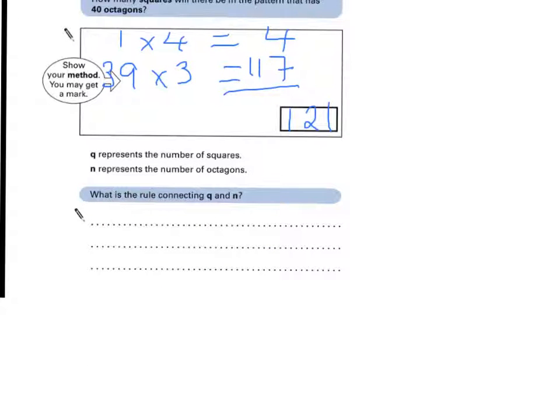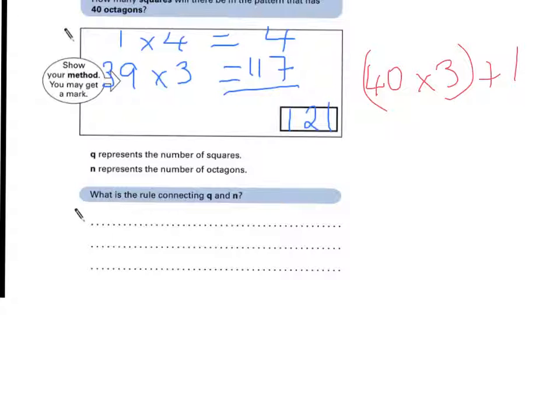Now, the next part of the question is asking us for the rule that connects Q and N, where Q is the number of squares, that's here, and N is the number of octagons. Okay, so if we think about it, really, each octagon has 3 squares, and then there's an extra 1. And we know this because if we look to the previous answer that we had, that 40 octagons equals 120, and that's a little bit like 40 times 3 and then add 1.